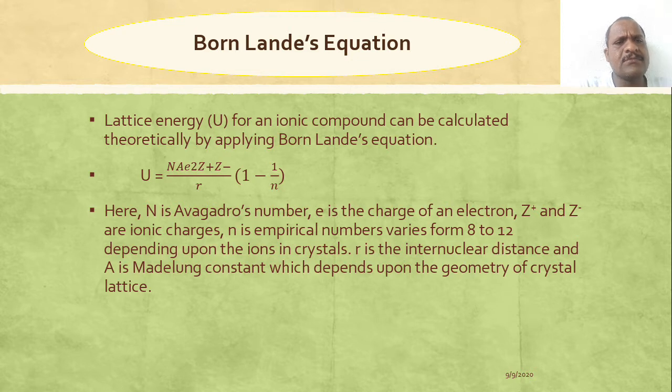With the help of all these parameters you can easily calculate the lattice energy, but this is a theoretical way to calculate the lattice energy according to the Born-Landé equation.